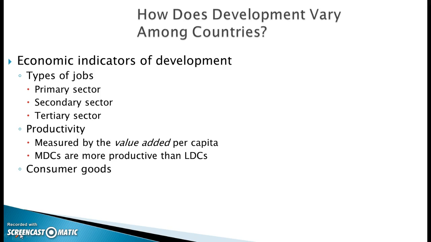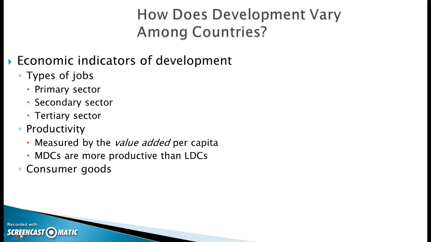You're not less developed, but you're also not more developed yet. Then if you've got a country that's almost entirely folks working in the tertiary sector, so they're not manufacturing things, they're not extracting resources, but what they're really doing is service, then what you're looking at is a more developed country.